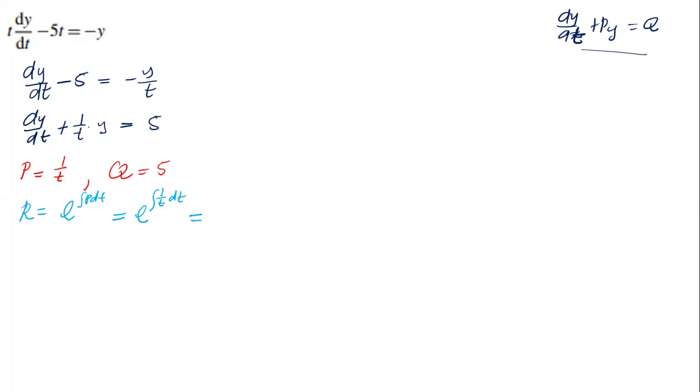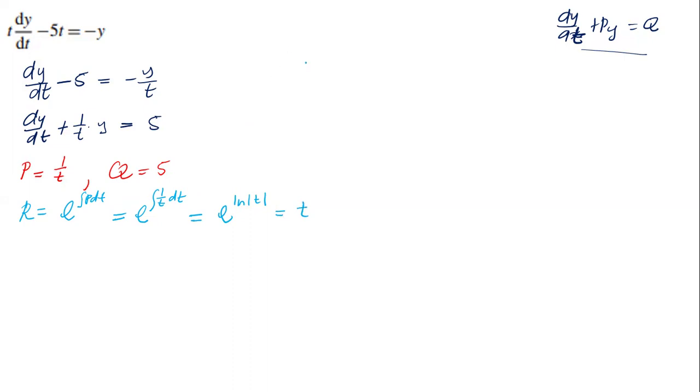Now, what is the integral of 1 over t dt? Remember, the integral of 1 over x is ln x, natural log. It's going to be natural log of t, plus c, but we don't write that here. And therefore, be careful, natural log t is going to be your exponent.